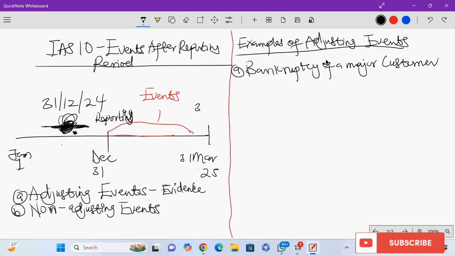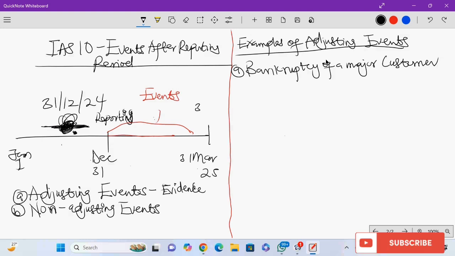So if after the period this customer goes bankrupt, then it is an adjusting event, because during the period, under current assets, trade receivables, we can see that the trade receivables keep increasing. And when we investigated, we realized that one of the customers is not paying its debt, and as a result of that, we are making some loss.